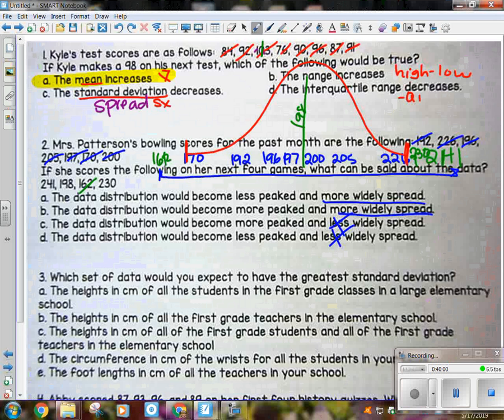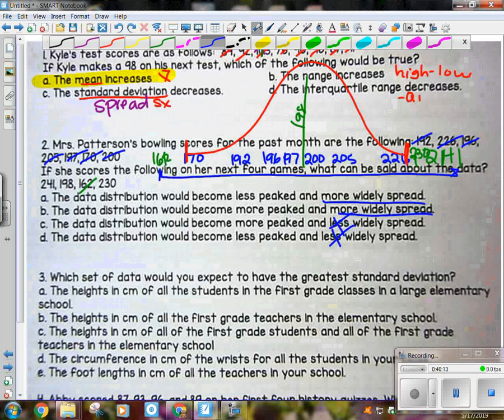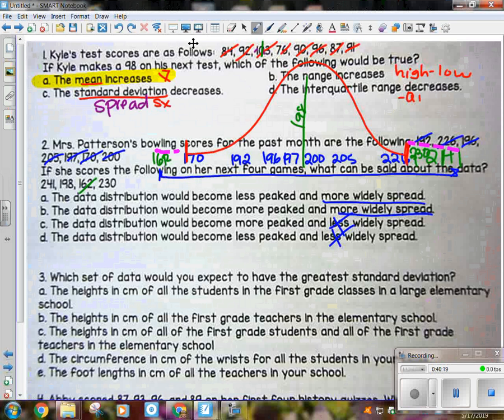Now the next question is, is it going to end up getting less peaked or more peaked? Well, it's almost like a string. What do you think of a string? If I came in here and I had to take my string and stretch it out on each end, right? But then I had one score in the middle. It almost looks to me like it would serve to make it peak in the middle a little higher, and it would take my string and stretch it differently.